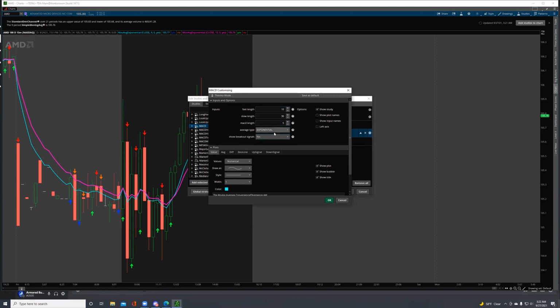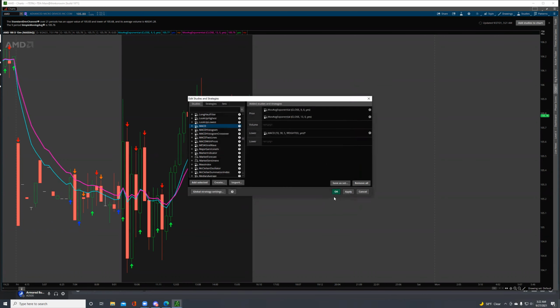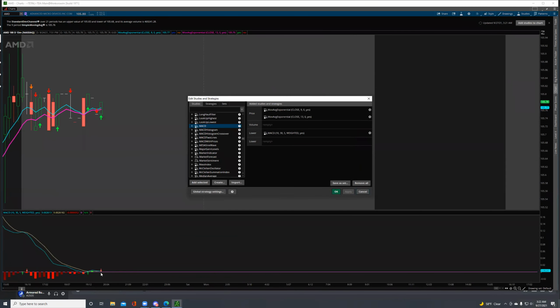Show breakout signals. Yes, exponential because it's going to be faster, but we can do a weighted average on that. Let's go ahead and just apply it and see what it looks like here. Oh, it's tremendous.